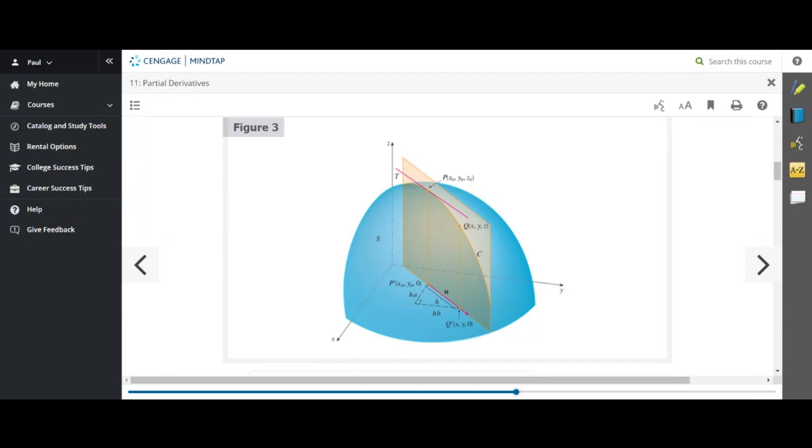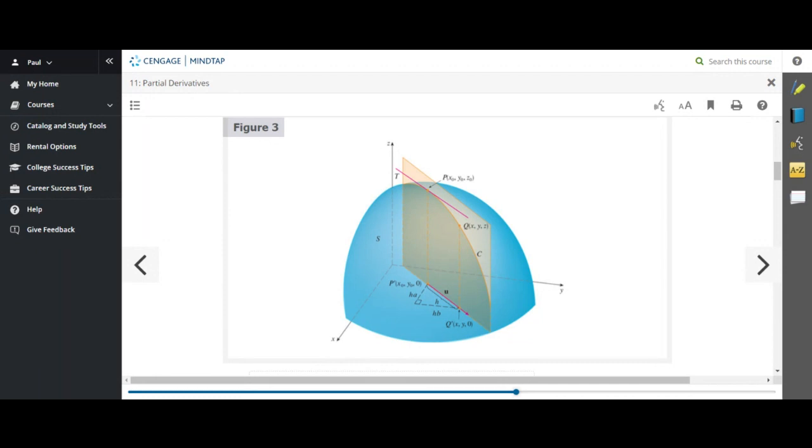So what I'm trying to say is, look, you see the picture there in figure 3. The tangent vector is parallel to the unit vector u in the xy plane. The components of the vector u are HA and HB, right?